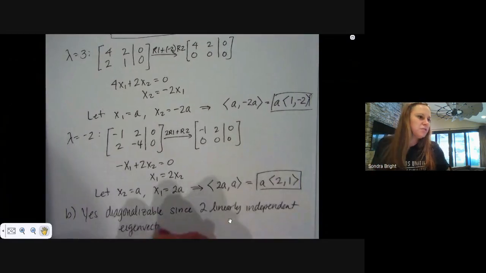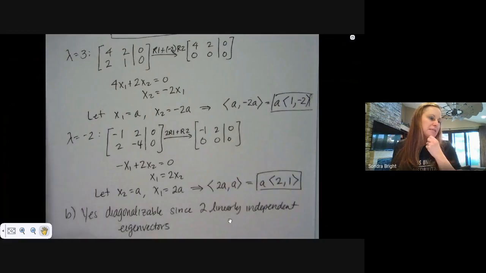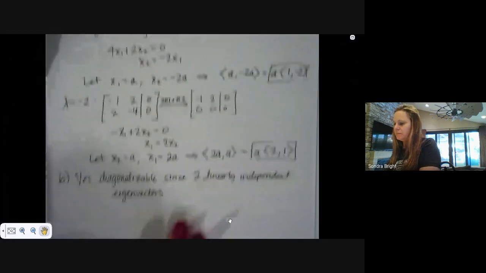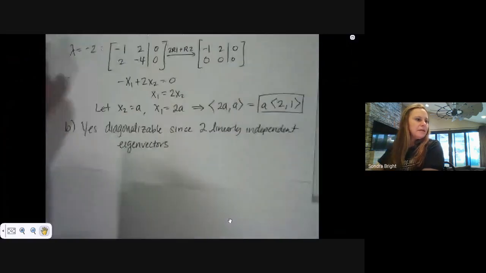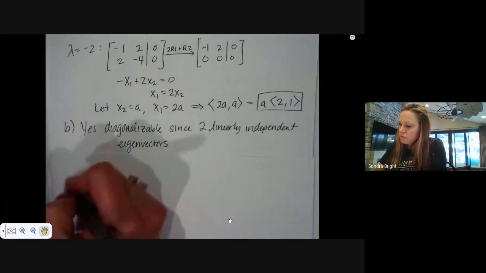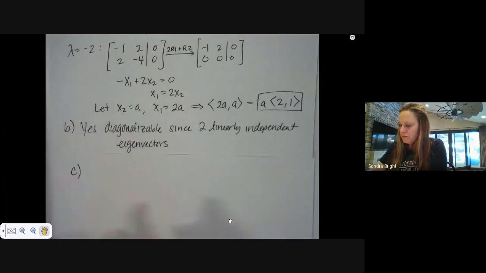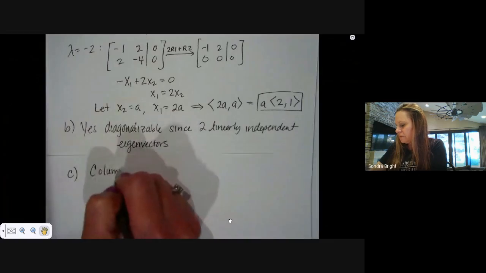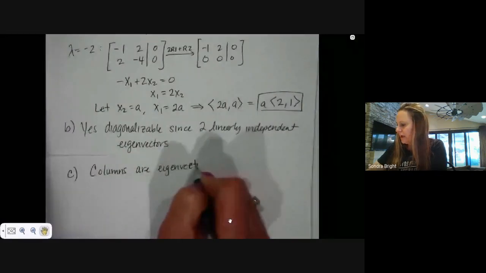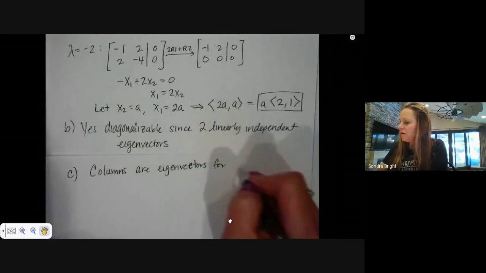All right, then they want us to find, what's next? They want us to say, if it is diagonalizable, let's find K and diagonal matrix D, so that D is equal to K inverse times A times K. So, part C. What you'll do is use your eigenvectors as the columns for K. The columns of K are your eigenvectors.